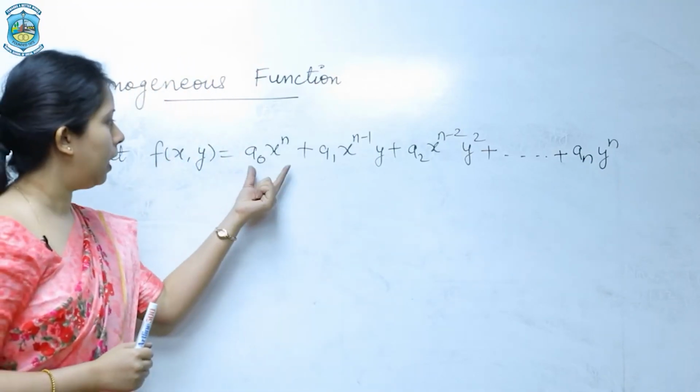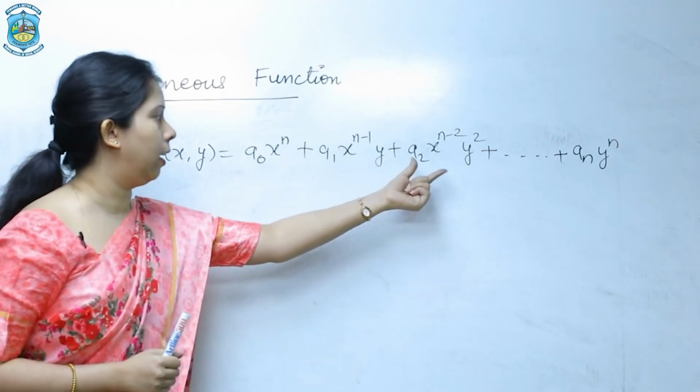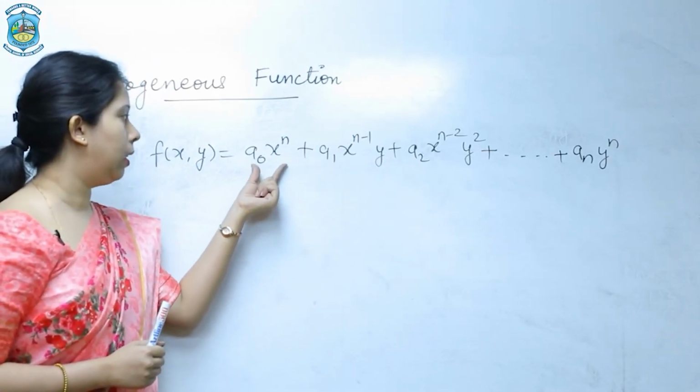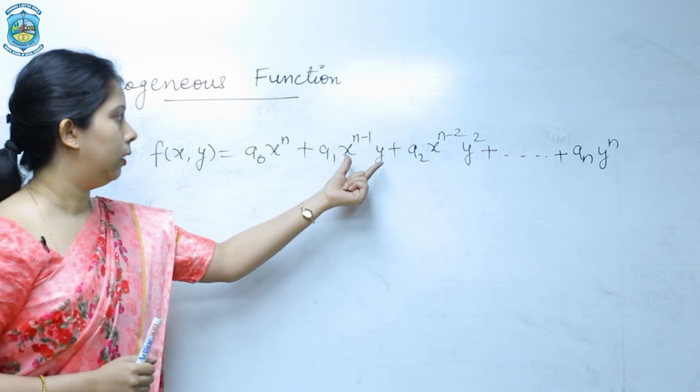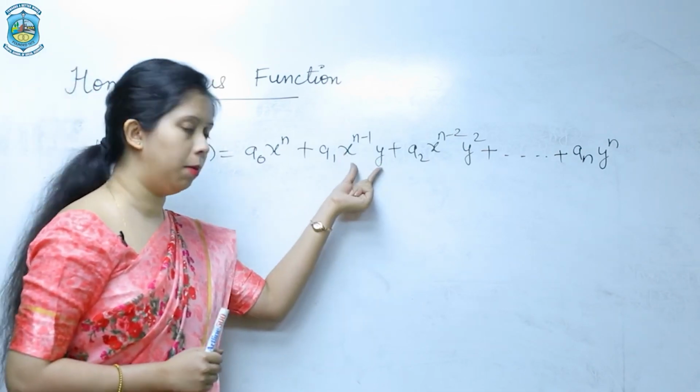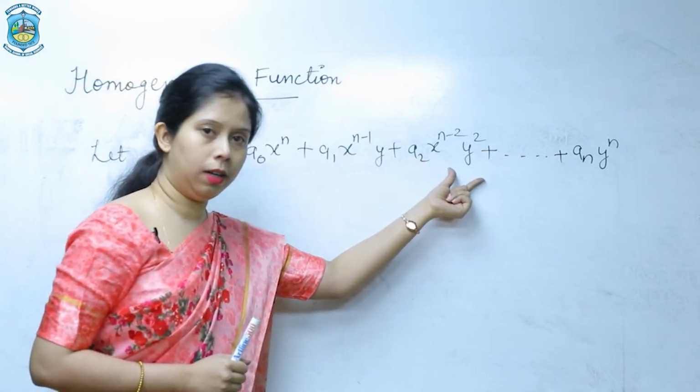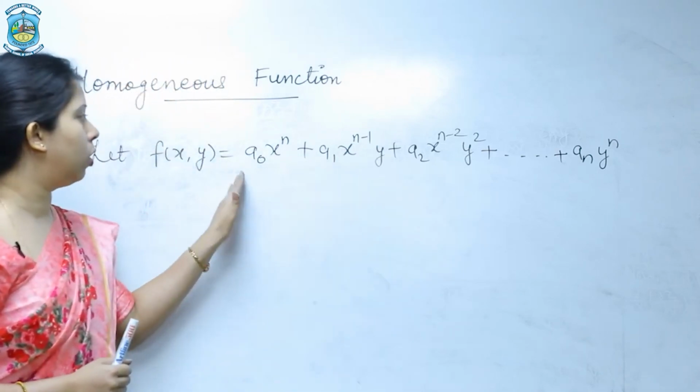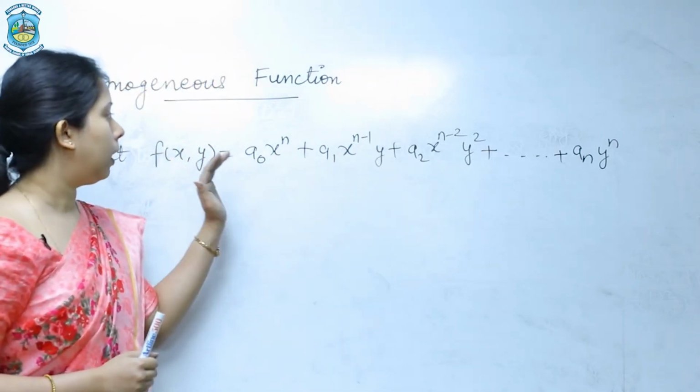Now obviously each term is of degree n. You can clearly see that the overall degree of the first term is n, the overall degree of the second term is n, the overall degree of the third term is n. So this is a function of two variables of degree n.